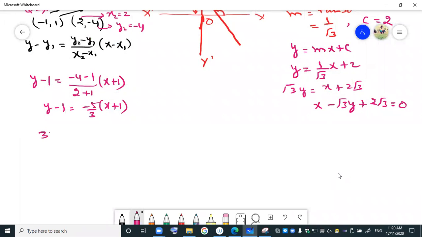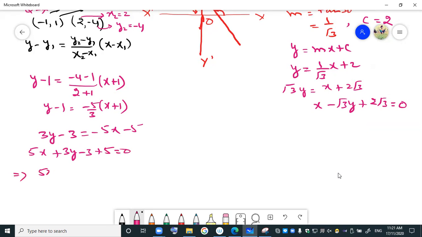So 3y minus 3, ones are 3, minus 5x and minus 5. So 5x bring to the left side, so 5x plus 3y minus 3, this minus 5 will become plus 5 is equal to 0.